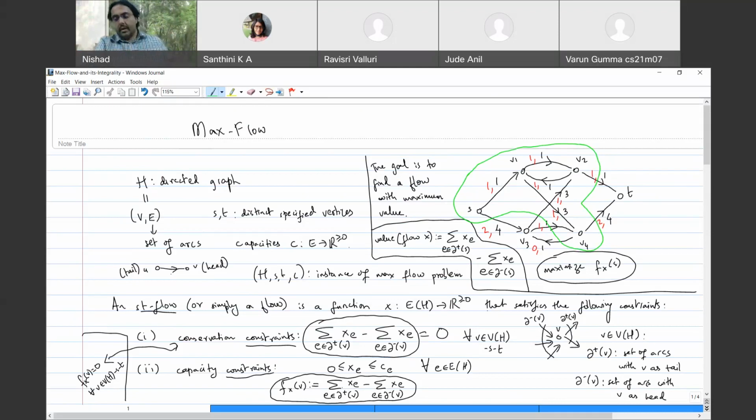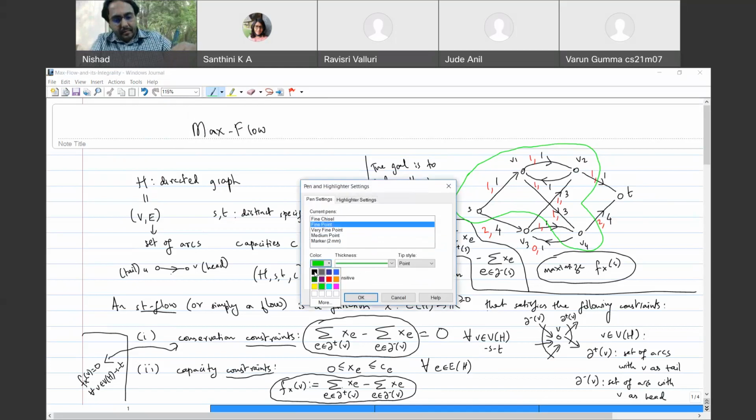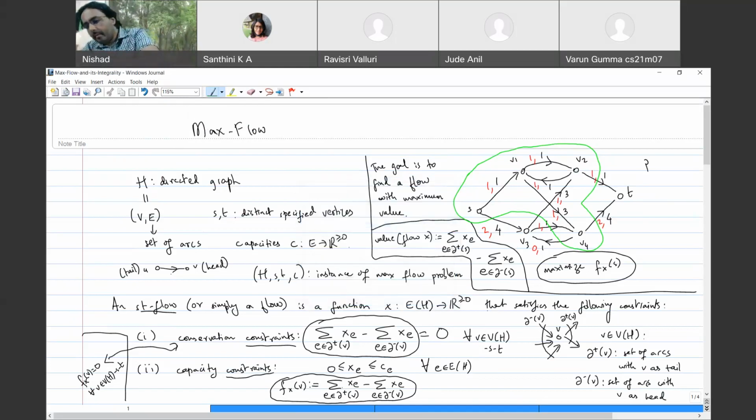So what exactly is proposition 3.3 saying? It's saying that the flow value at the vertex S, which is exactly 2 plus 1, 3, is equal to the flow across this cut. So this is U and this is U bar. Outside the green line is U bar.